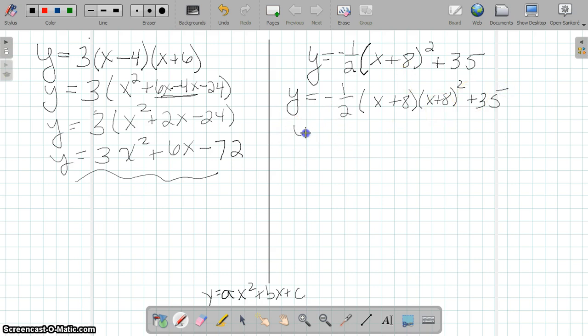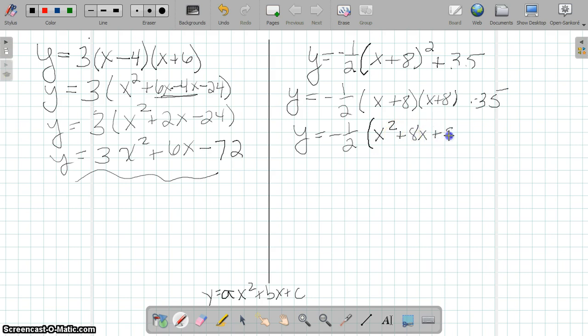Alright, so we are going to do this FOIL. Because I squared it, we do not have to have that there anymore. So let's multiply it out. We've got x squared, that's first. Outer is a plus 8x.